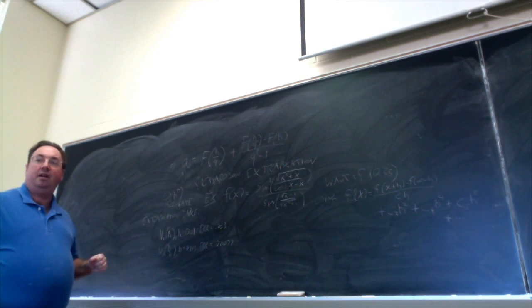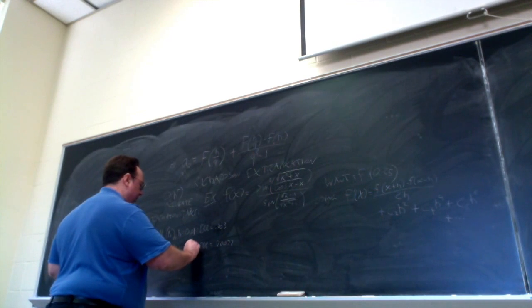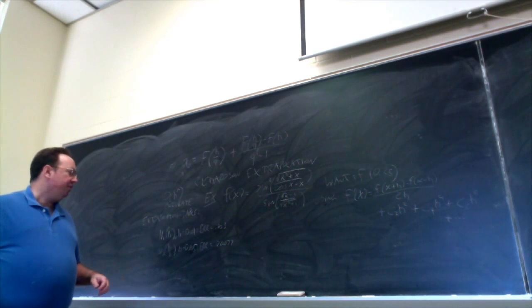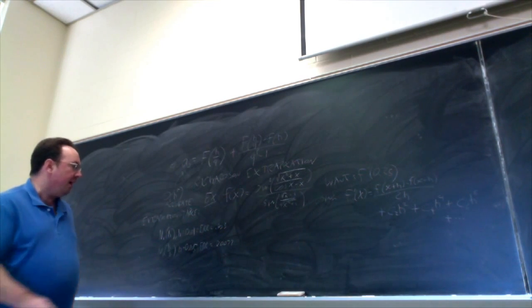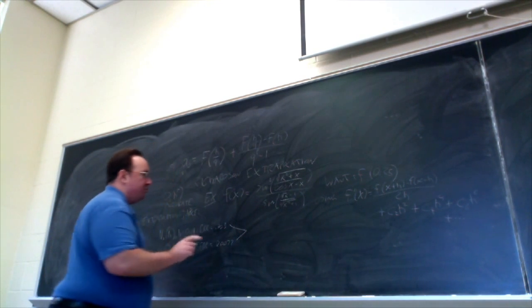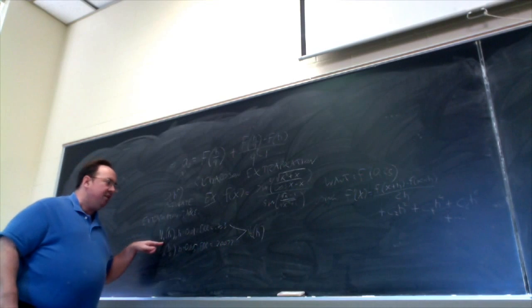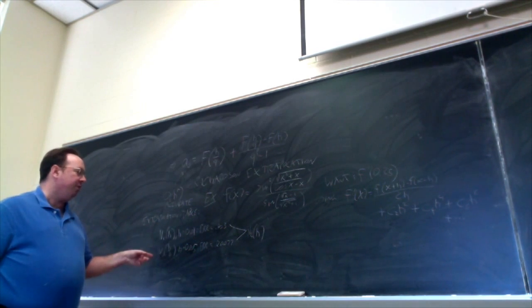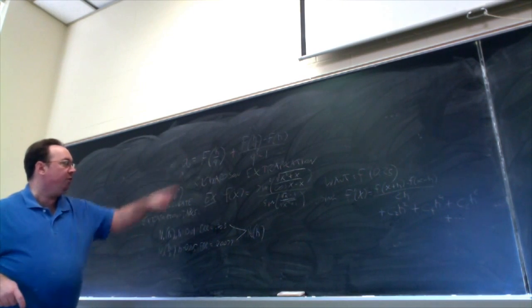These are my initial approximations, and now I can use these two to extrapolate and compute a new approximation that I'll call N2 of h. The subscript is like the layer of extrapolation. These are my first approximations, and here's my first extrapolation. For this I'll use this formula.